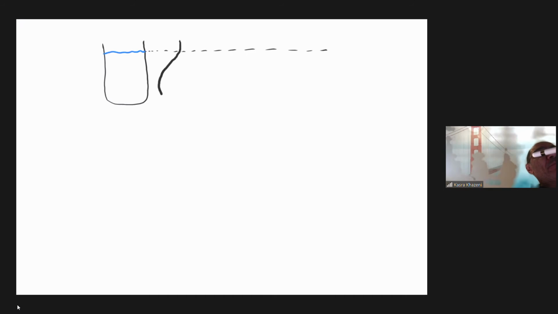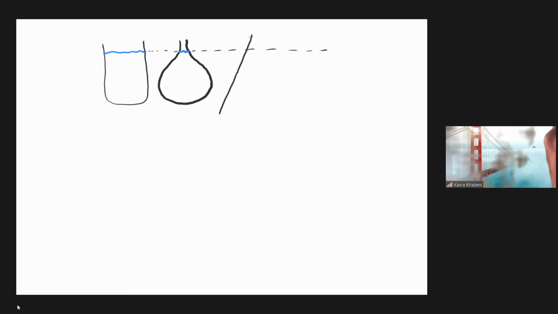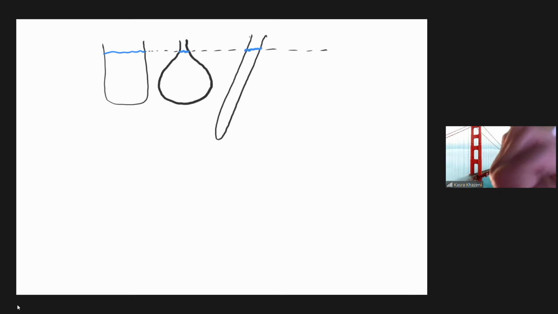Suppose I have a container that looks like this, and I have other containers that look completely different. Maybe one of them looks like this, filled with the same liquid. Maybe it looks like a tilted tube, and it still has the same liquid.